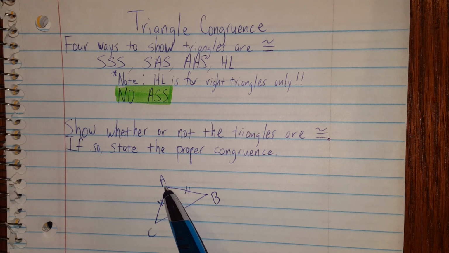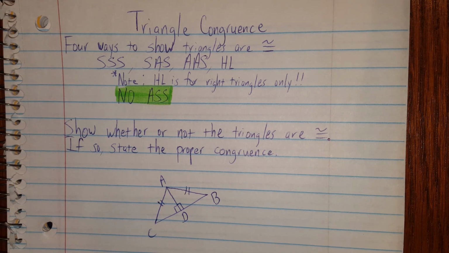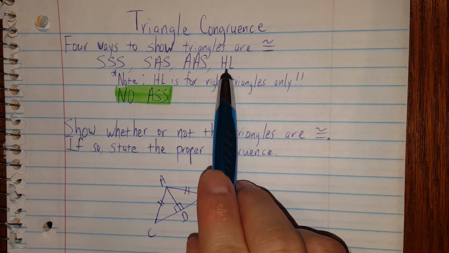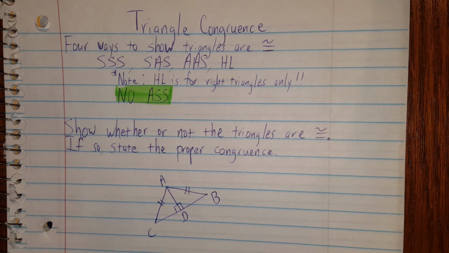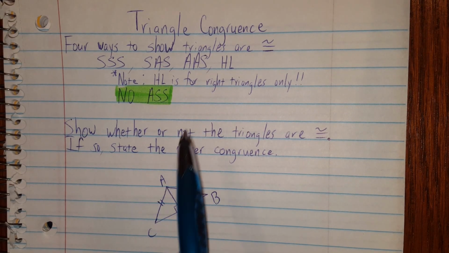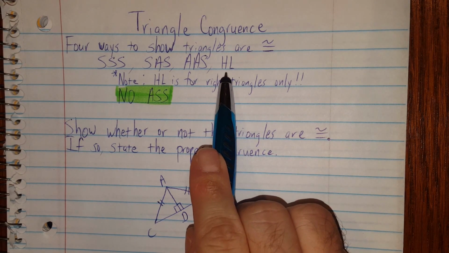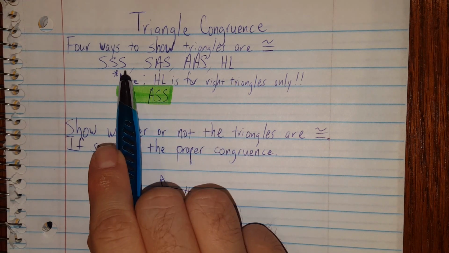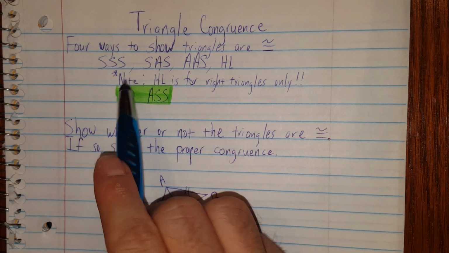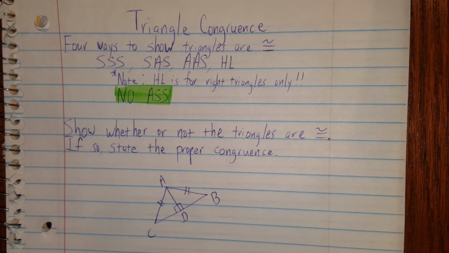So essentially what I have is triangle ADC and triangle ADB are right triangles because they have right angles in them. So since I have right triangles, I'm automatically thinking I'll try and use HL. I might be able to use a different one, but my automatic reaction is going to be, let me see if I can make this work. If I can't, I'll try some of these other ones. And if none of these work, the triangles are not congruent.